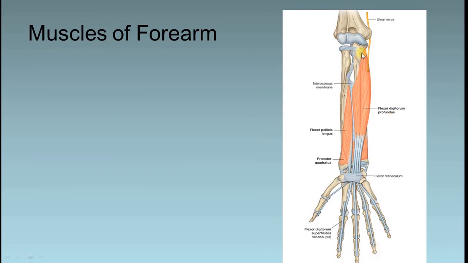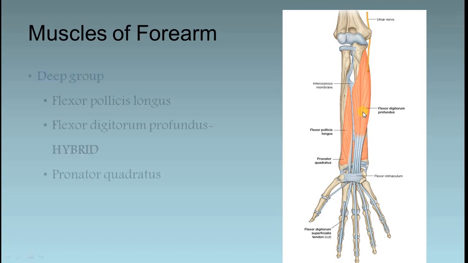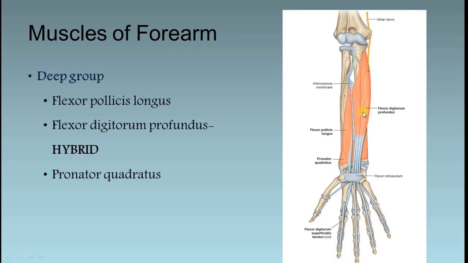The first muscle you are able to see here is the flexor digitorum profundus. 4 tendons again for the medial 4 fingers, and see where they are getting inserted. They are getting inserted into the distal phalanx. So they are responsible for the flexion of the distal interphalangeal joint.